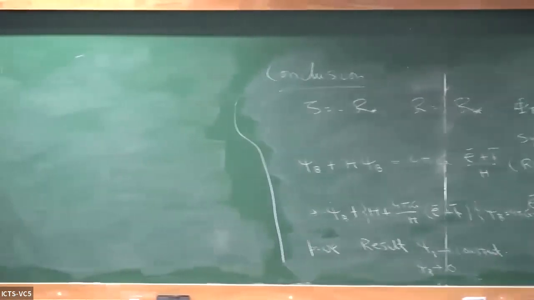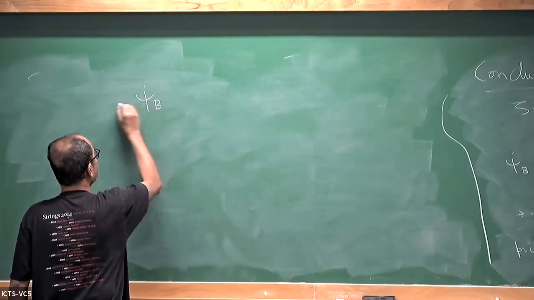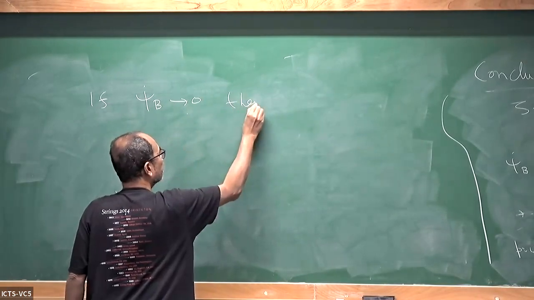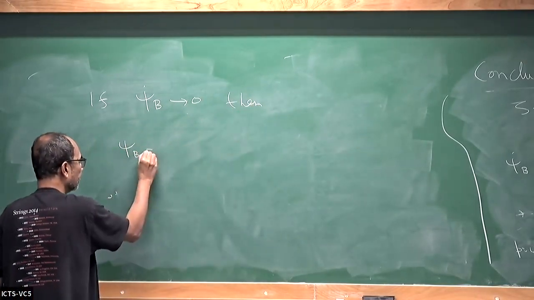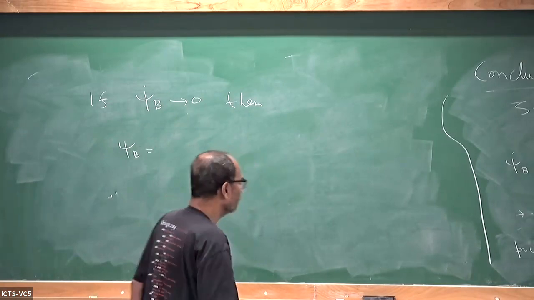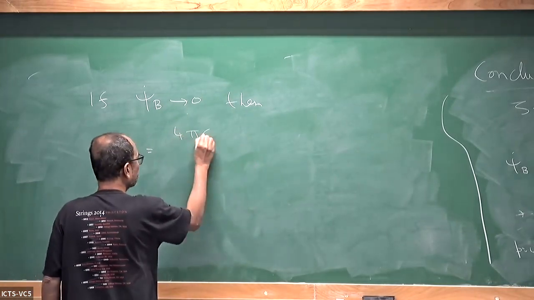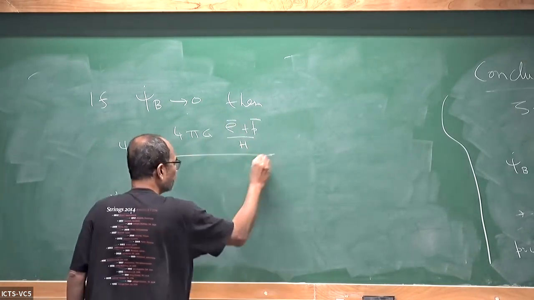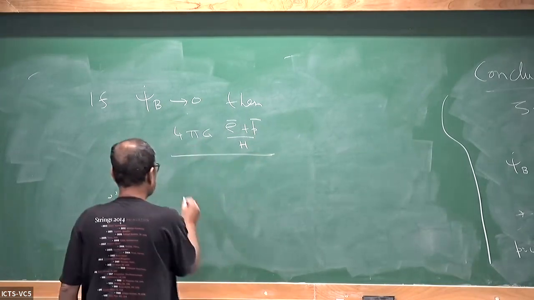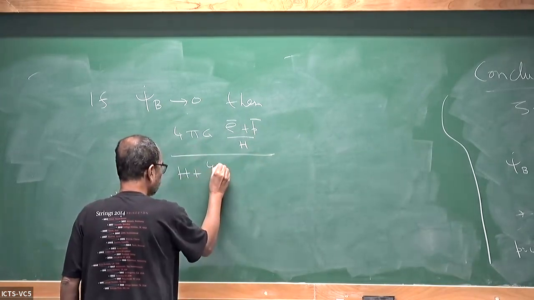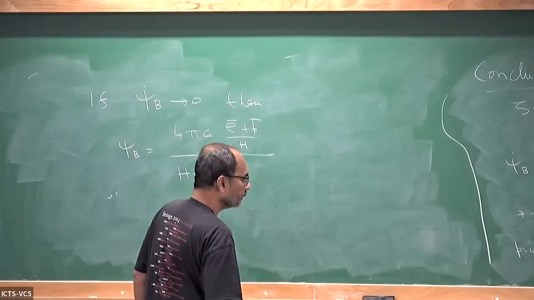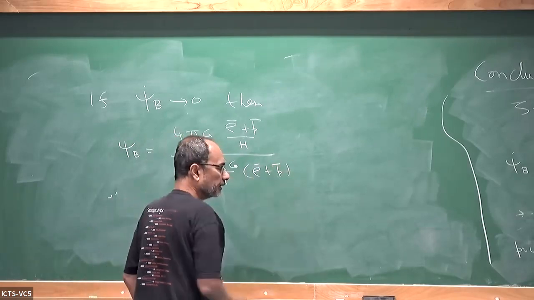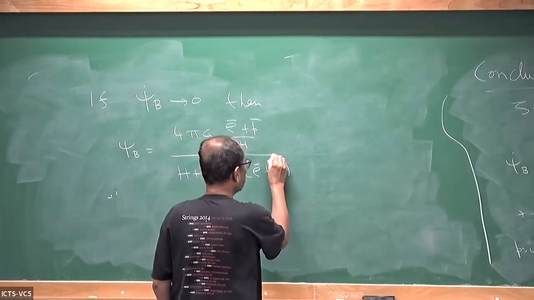So if psi b dot is 0, then we can solve this as psi b equal to 4 pi g times rho bar plus p bar over h, divided by h plus 4 pi g over h times rho bar plus p bar, times r.